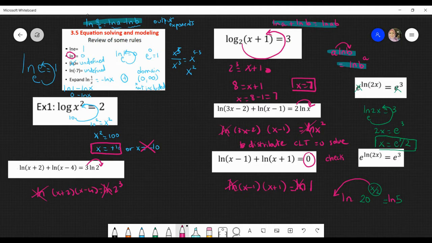If it's in, we kick it out. So x over 2 times ln of 20 equals ln of 5. And now we can multiply by 2, divide by ln of 20, and we can get the answer. If we multiply both sides by 2, we will have 2 ln of 5, then divide by ln of 20. So this would be the answer, and we can leave it as is.